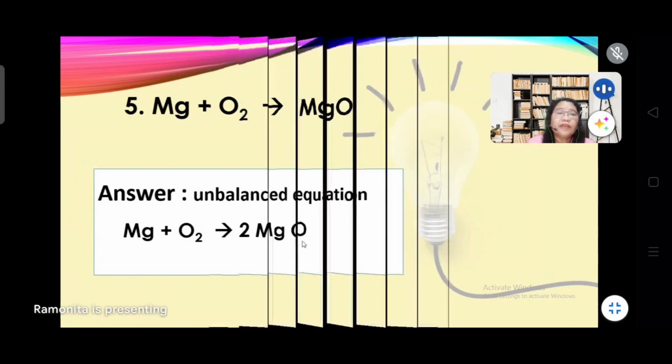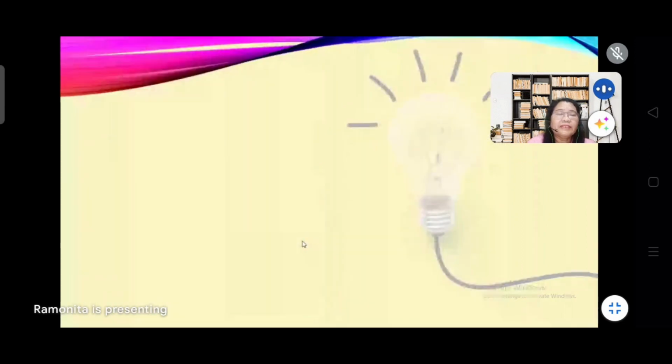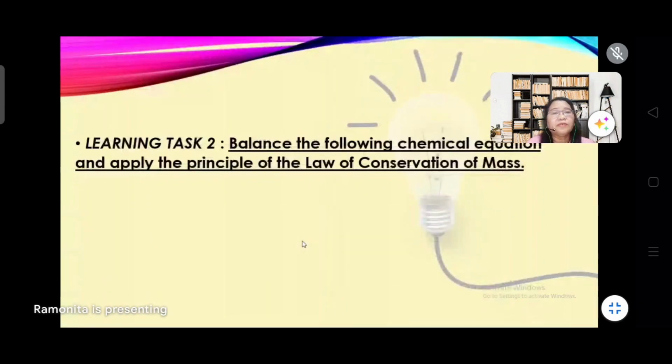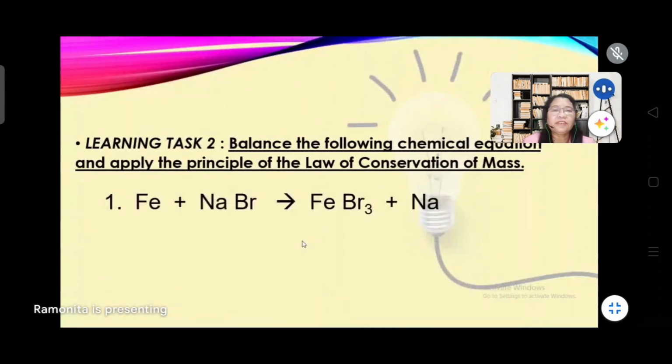Since you know already how to identify a balanced and unbalanced equation, let's have the next activity, learning task 2. Balance the following chemical equation and apply the principle of the law of conservation of mass. First, you have iron and sodium bromide produce ferric bromide plus sodium.